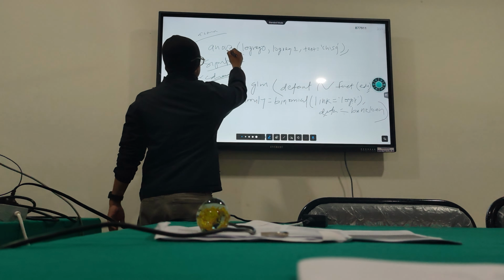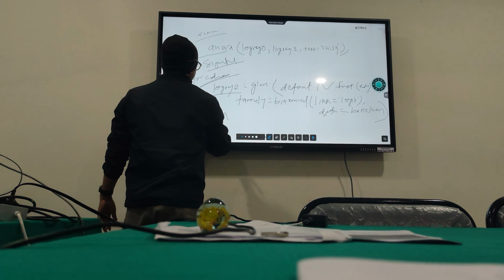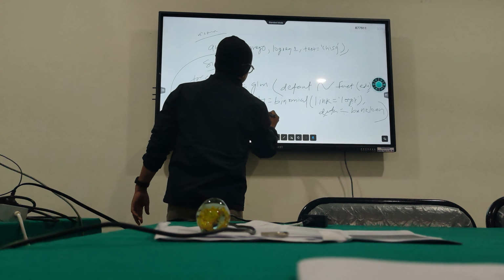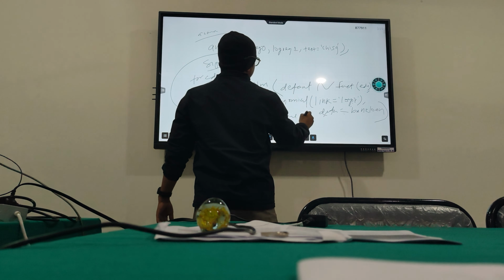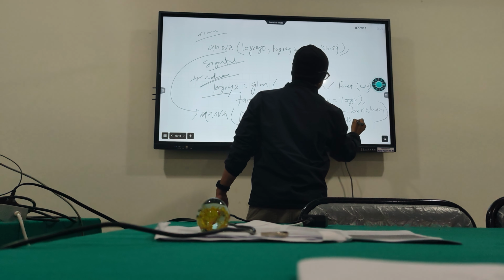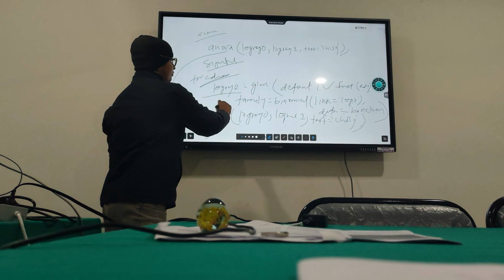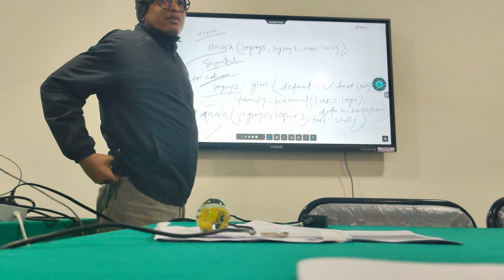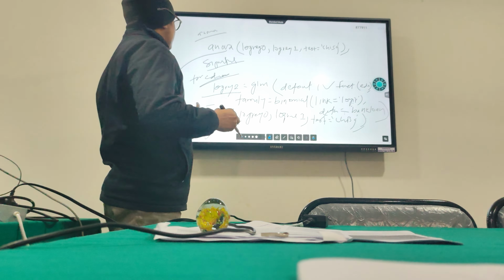What we do here, again we call ANOVA to check the omnibus chi-square: ANOVA, then log reg 0 comma log reg 1, and test equals to chi-square, right? If we found significant, then both variables can be accepted for the final model.